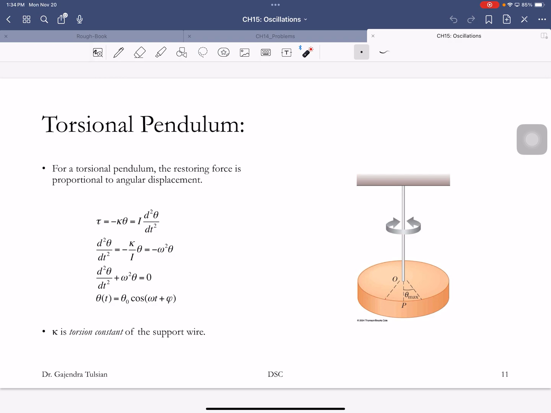And so this angle, theta, as a function of time, satisfies the same differential equation. The behavior of this system is modeled by the exact same differential equation. Did you guys understand that?